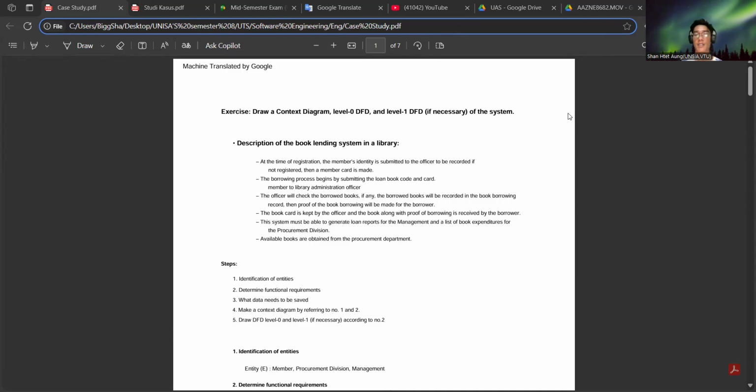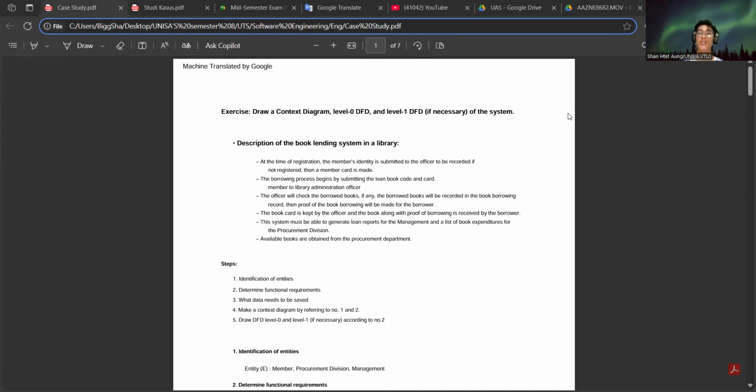And after that, the system must be able to generate the book measurements and to find the book availability for the procurement division. So availability can be checked in the procurement division.